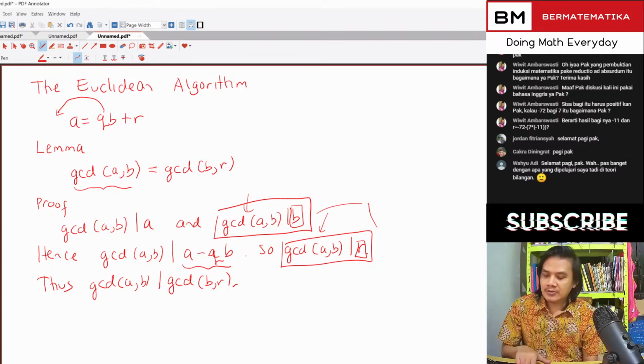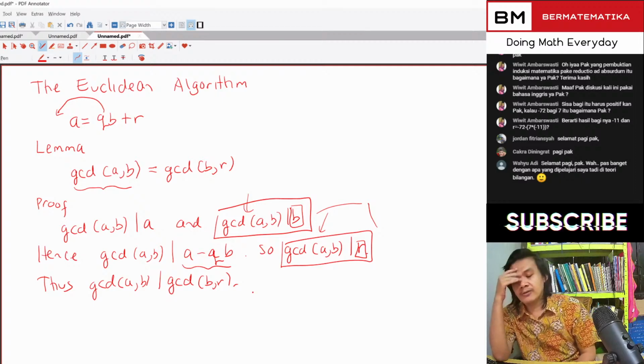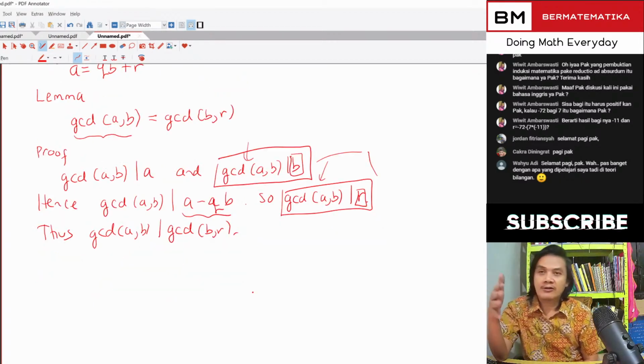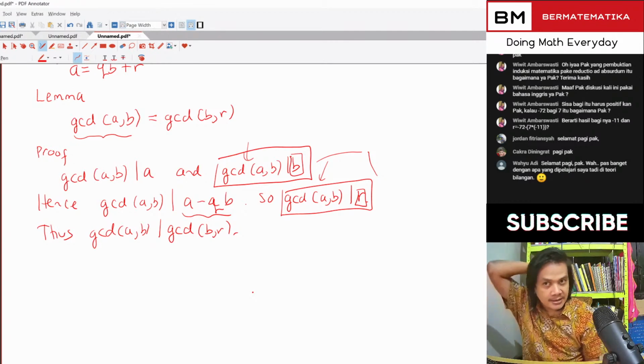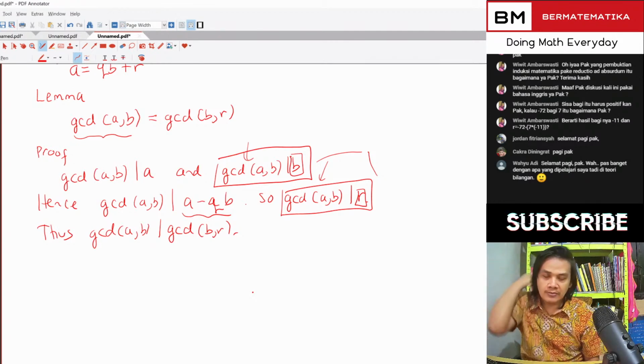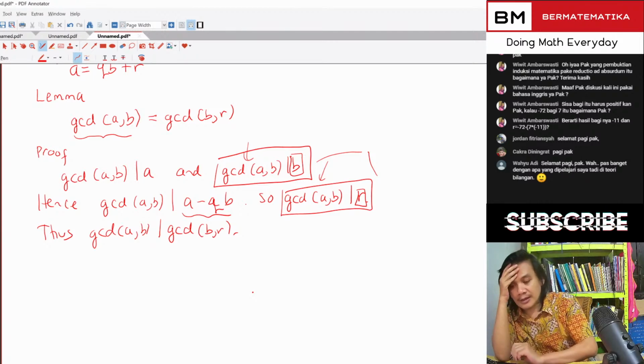And the other way around, we need to show that the GCD of B and R divides the GCD of A and B. How do we proceed with that? We can just try the same line of argument.